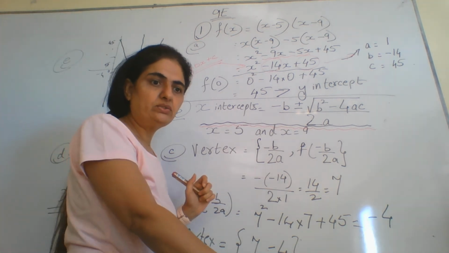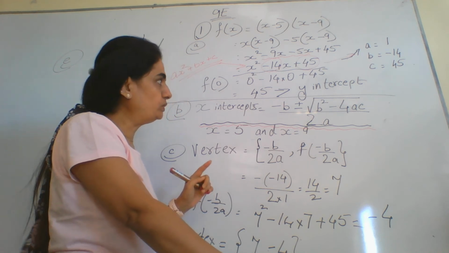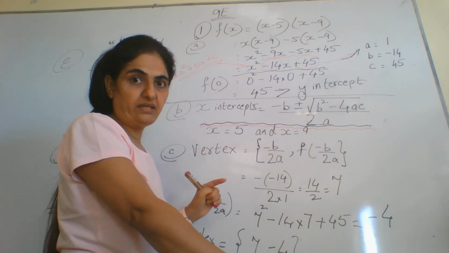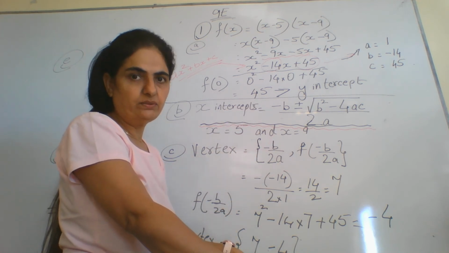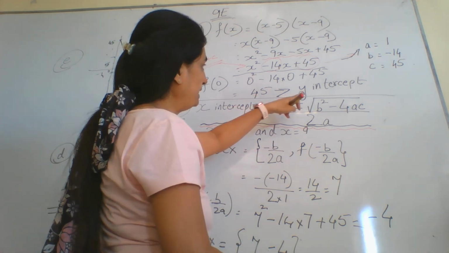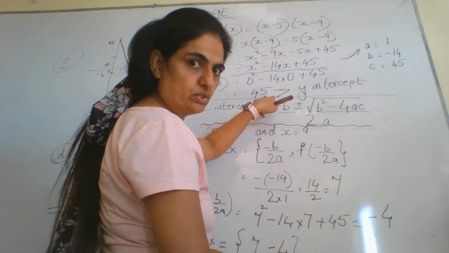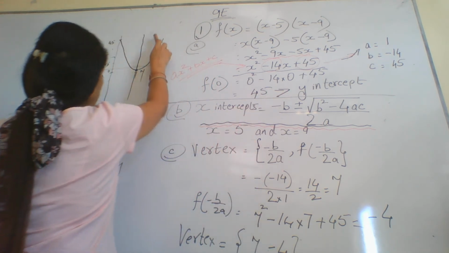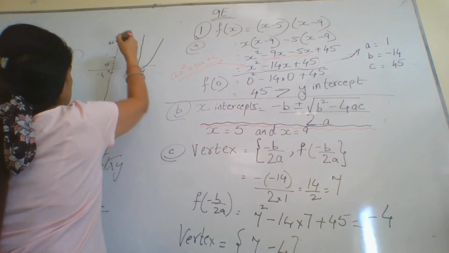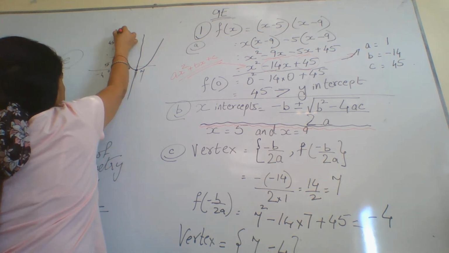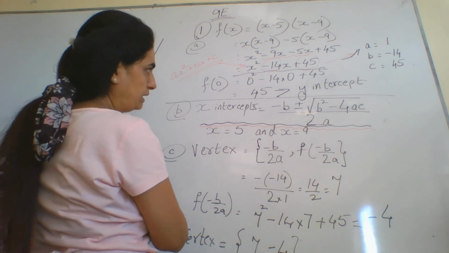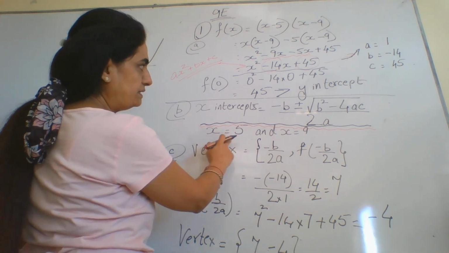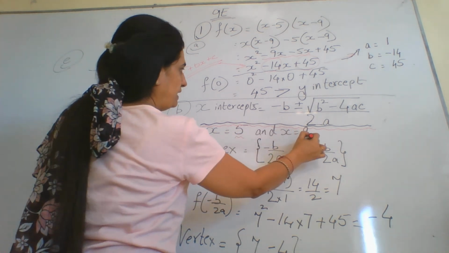Okay, so now to sketch a graph, you need to pay attention to all these values which you have found out. Okay, this y-intercept you have got is 45. So when you are drawing this graph, it should pass through 45. Okay, that's one thing you will pay attention to. Then your x-intercepts are 5 and 9.